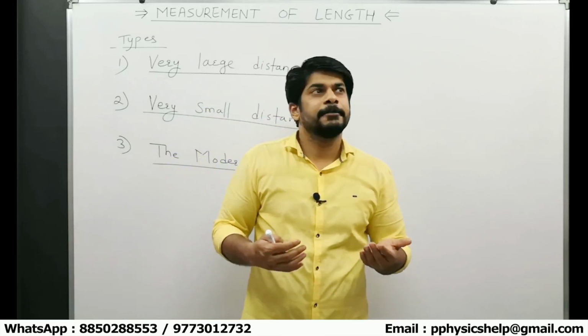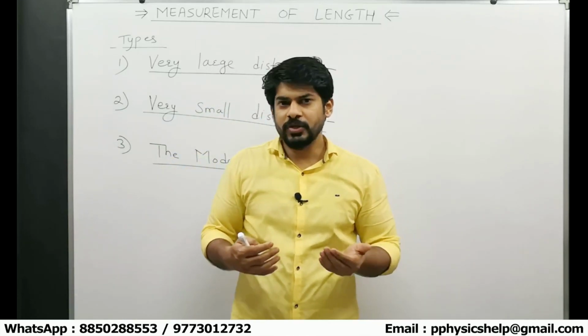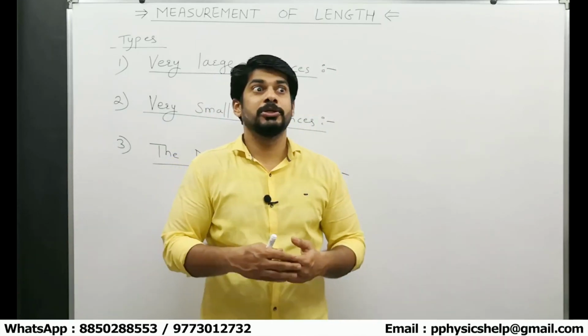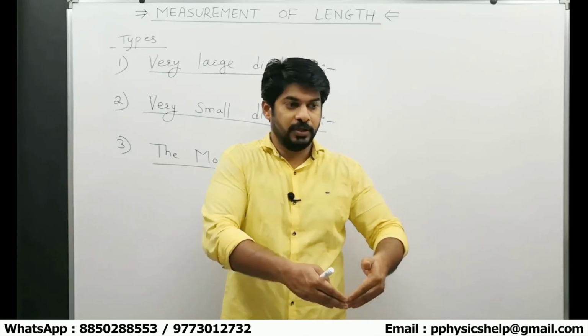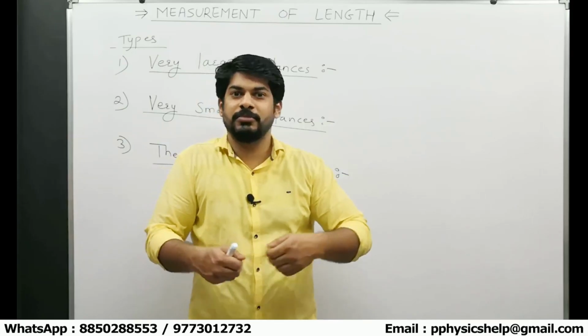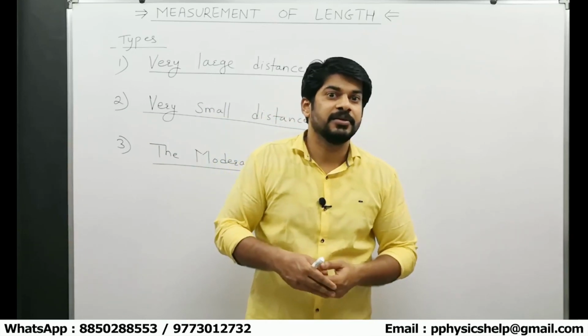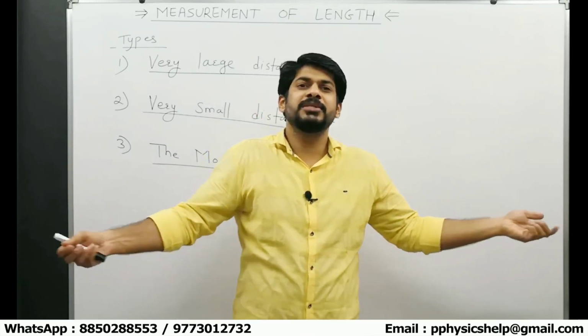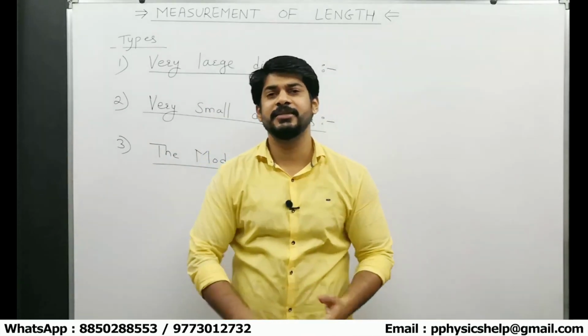Then, any other animals, like you are told to find out the length of a snake. Sometimes we see on a Discovery Channel, they measure the length of the anaconda or some other kind of snake. How do they do that? They use meter scales, normal scales. That's it.